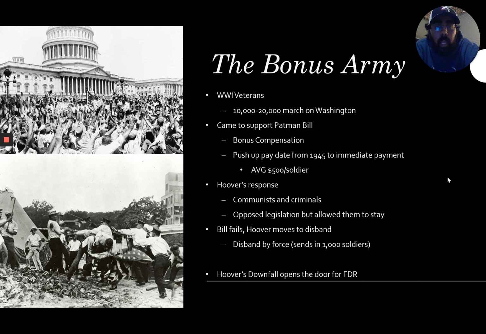One, it will spark the fact that the GI Bill, the Servicemen's Readjustment Act, will now be considered upon and later voted into legislation. And two, this is Hoover's biggest downfall, right? Every single folly and his failure to act during the Depression ultimately leads to this Bonus Army March, where he then acts against the soldiers and will officially open the door for FDR.